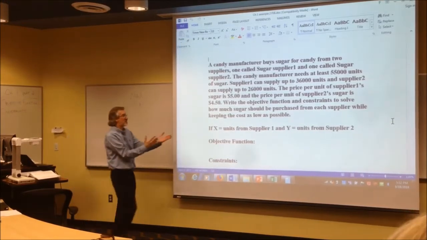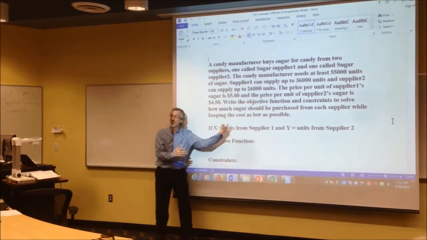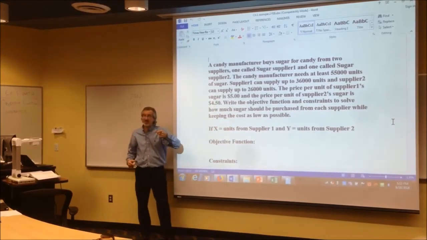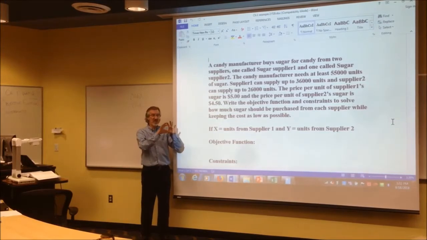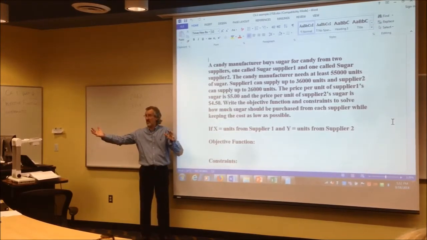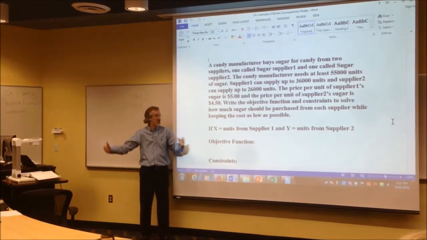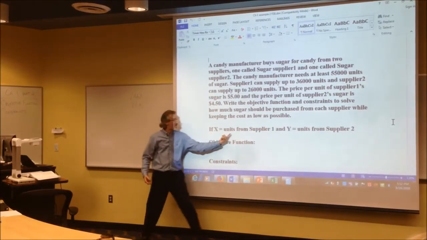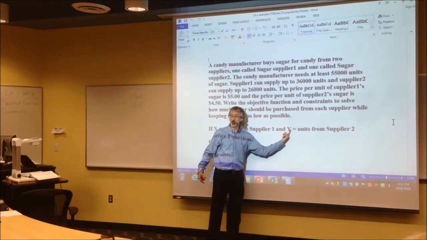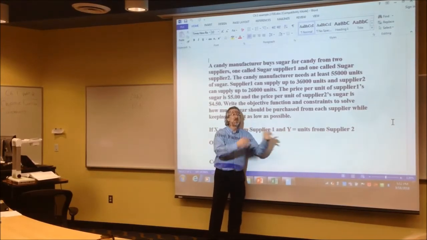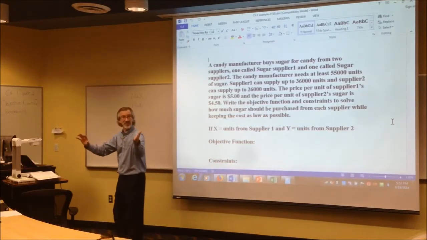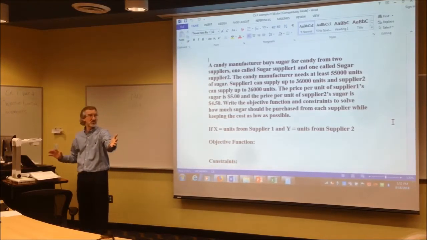We're trying to decide how much to buy from supplier 1 and supplier 2, but the variables are how many to buy. But that's the decision, and you're writing a constraint, the limitation is we only have 50,000. Whatever the price is from supplier 1 times however many, plus however much it costs to buy from supplier 2 times how many, it has to be less than or equal to 50,000, because the sentence said we have only 50,000 or less to spend on these two suppliers.